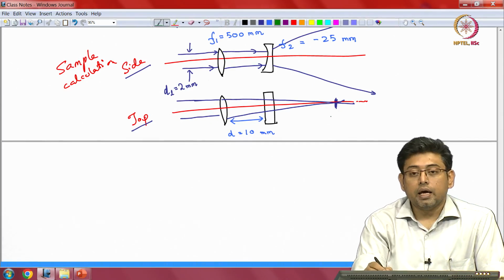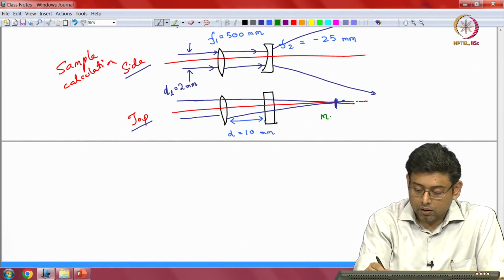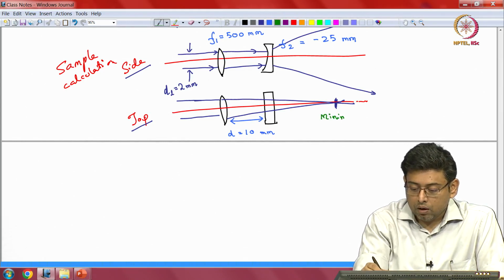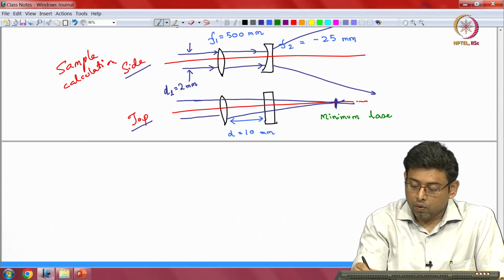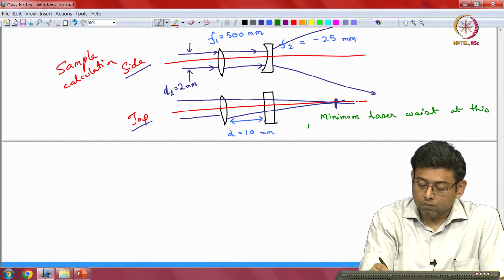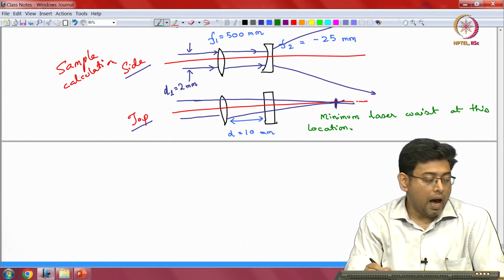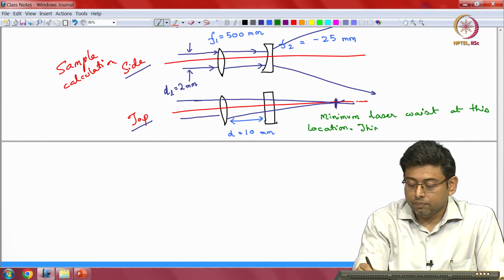Now, this is the area where in practical reality you have the minimum laser waste. You have the minimum laser waste at this location. And this is the ideal location for your experimental test section.